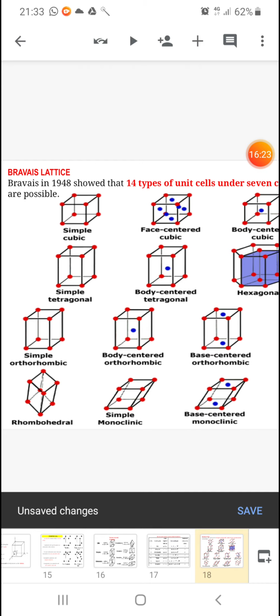Now next one is the tetragonal basic system. In tetragonal system, there are only two crystal structures.